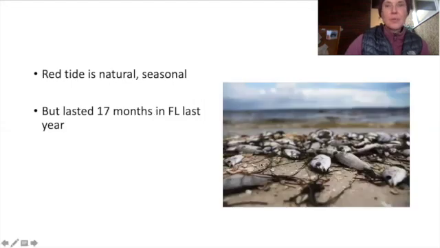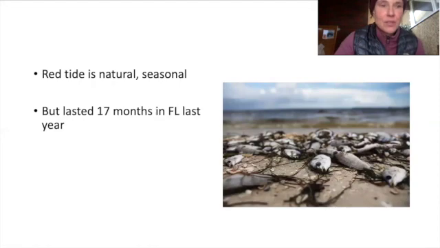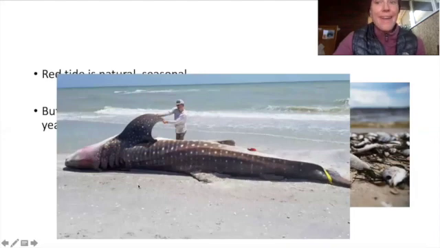But it's important to know that red tide is natural and it's seasonal, and it happens in natural ecosystems, but it lasted 17 months in Florida recently. I mean, they're getting bigger, they're getting longer, and they're getting more frequent. Look at this whale shark, this poor little whale shark.